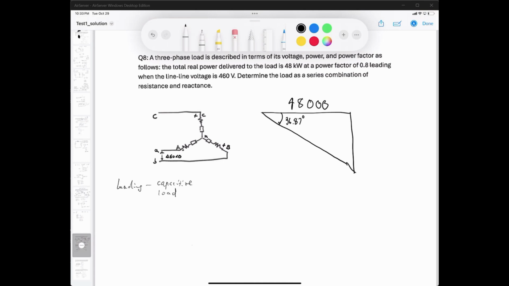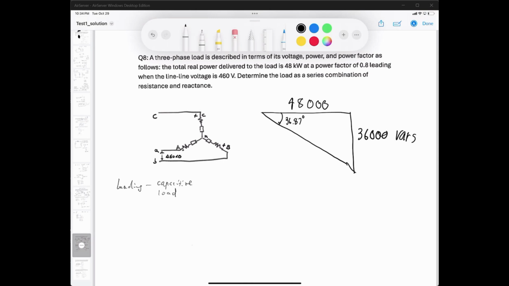Alright, so we know that if we take the tangent of that angle, we're just doing this to solve the rest of the variables, and get opposite over adjacent times 48,000. The reactive power is going to be 36,000 VARs.